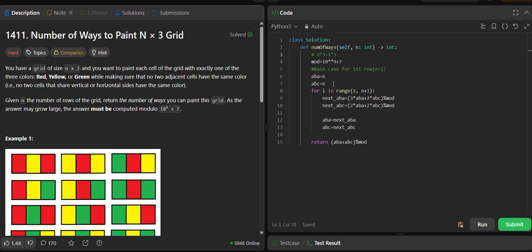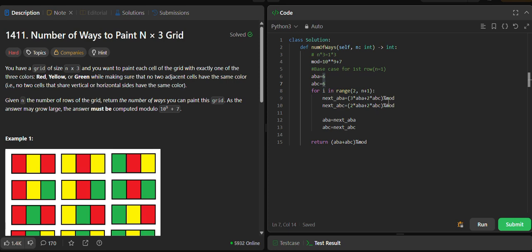As discussed in the process, we have to compute the answer modulo 10 to the 9 plus 7. So we have just initialized that mod, and we have two patterns, ABA and ABC, for generalized purpose. ABA is 6 ways and ABC is also 6 ways. Now this is for n equal to 1, the first row. So we will try to compute for the next row. That's why we have for I in range of 2 to n plus 1, because here we are starting indices from 1 to n, not 0 to n minus 1.